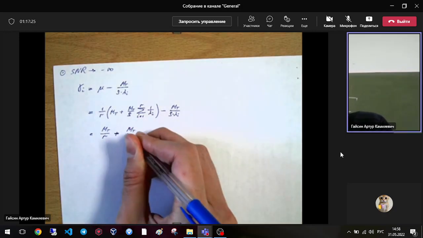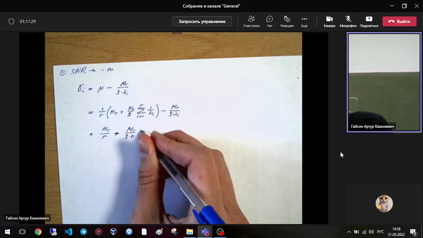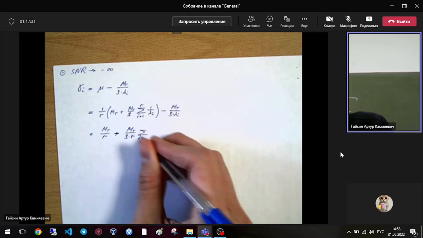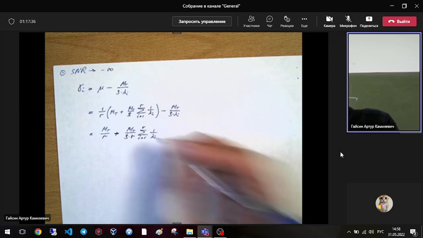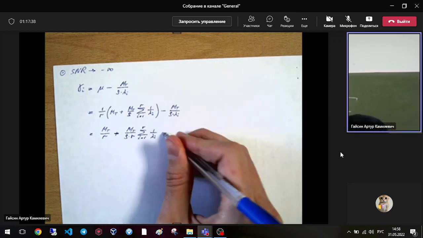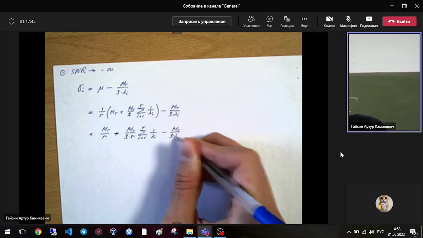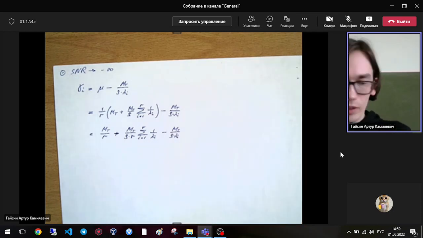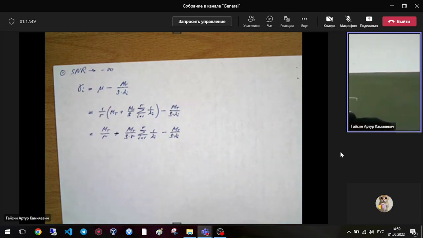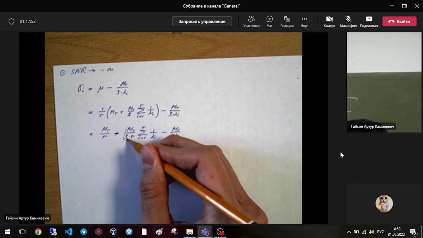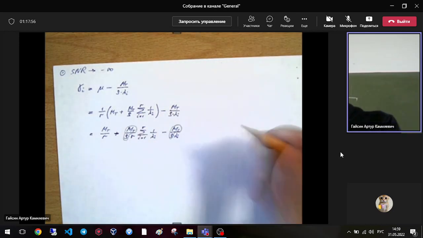So MT divided by rho times R times this summation of 1 divided by eigenvalue, minus MT rho divided by lambda I. Then we want to create new braces using this MT and this MT divided by rho.